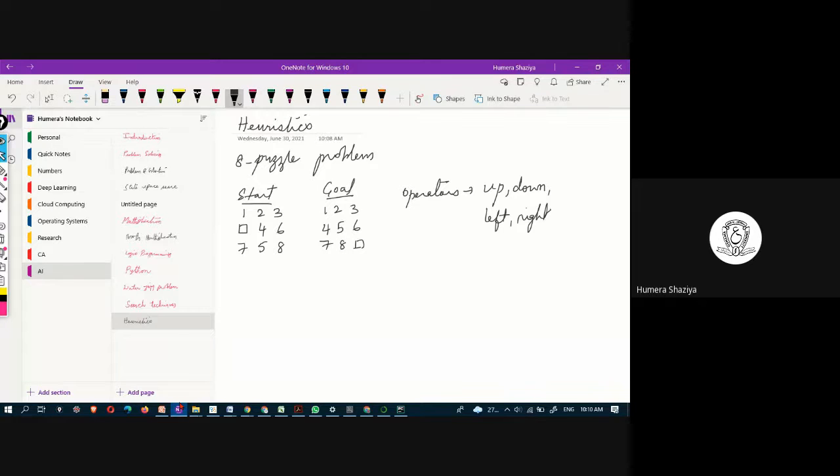It means moving the empty tile up, left, right, or down. If you move this empty tile from this position to the upward position, it is apparent that we are applying the up operator.